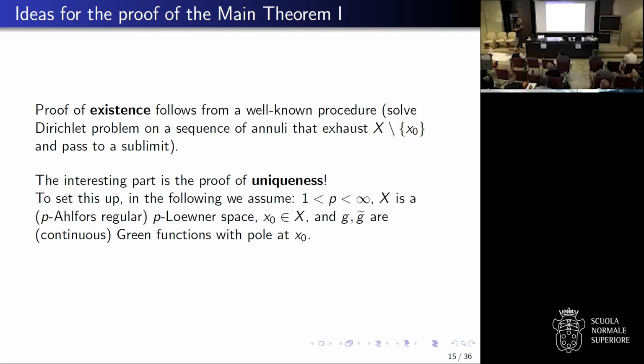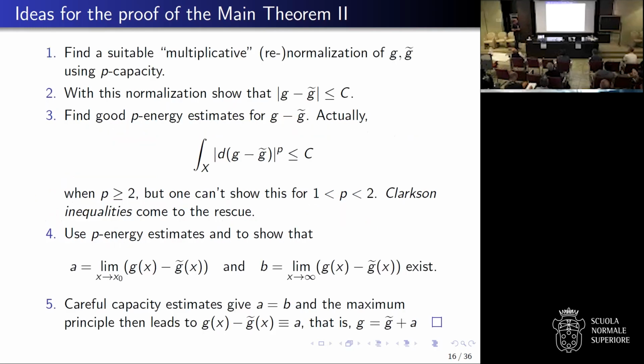By essentially elliptic regularity theory, we can assume that these functions are continuous, right? So we have these continuous Green functions with a pole. Now we want to show that, up to normalization, these functions are the same. And here's the scheme of the proof, right? First of all, we have to worry about this kind of multiplicative normalization, right?